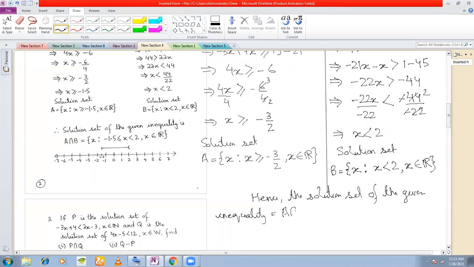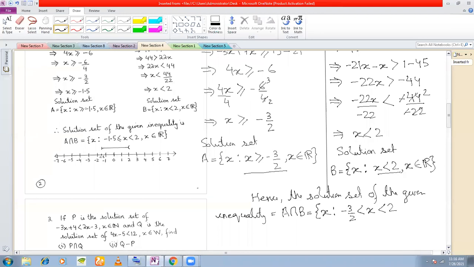A intersection B. And what is A intersection B? Now look at the sets. X greater than or equal to minus 3 by 2 and x less than 2. That means x is a number that lies between minus 3 by 2 and plus 2. So we write minus 3 by 2 less than or equal to x less than 2.